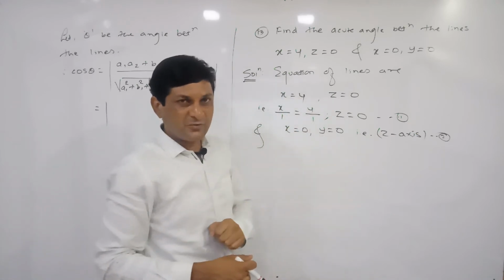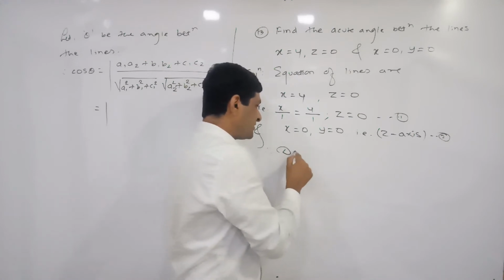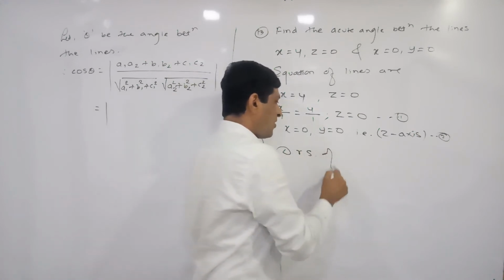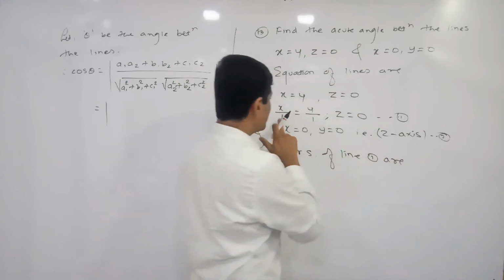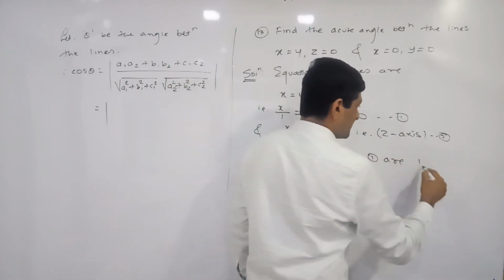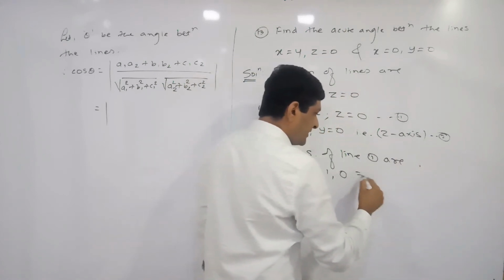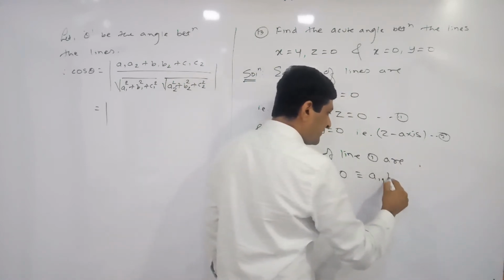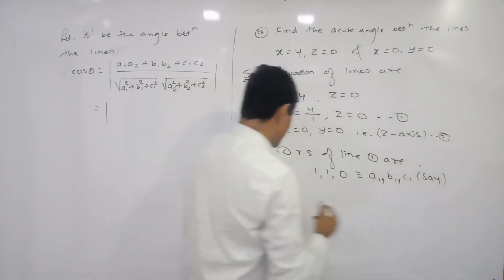Now we are trying to find the direction ratios of both lines. So the direction ratios of the first line are 1, 1, 0. Let us denote them by A1, B1, C1.